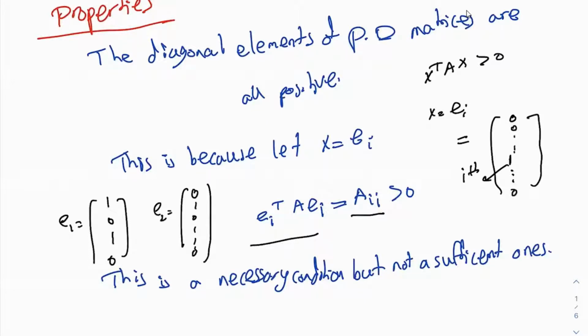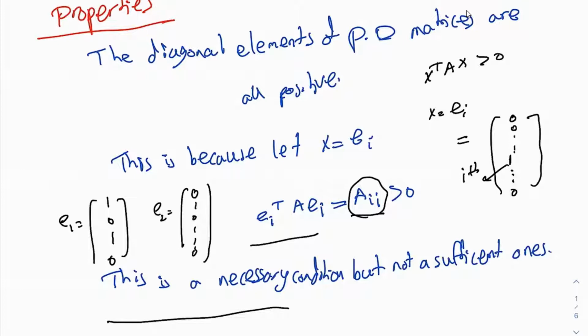But wait, X transpose AX is greater than 0 if the matrix is positive definite, right? So this element should be greater than 0. Therefore, it is a necessary condition. Remember, if a matrix is positive definite, then the elements on the main diagonal are all positive. That's what it means to be necessary.